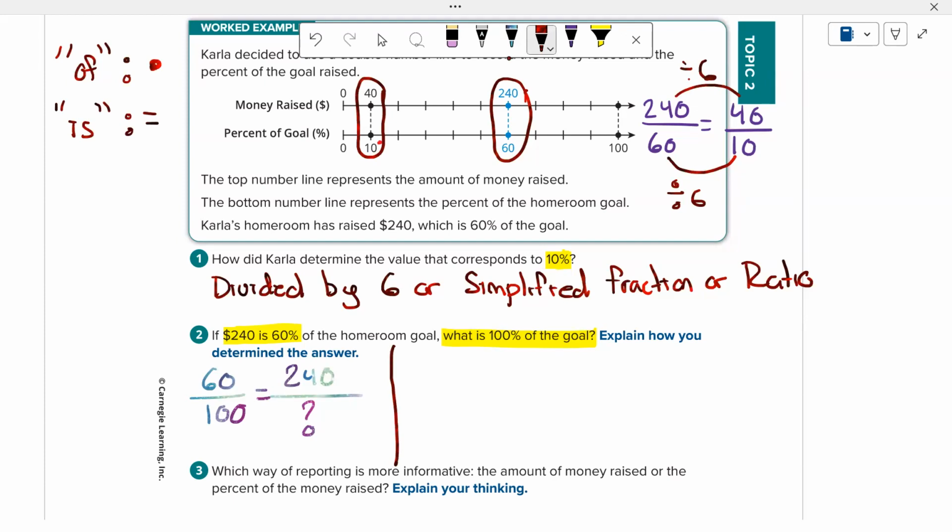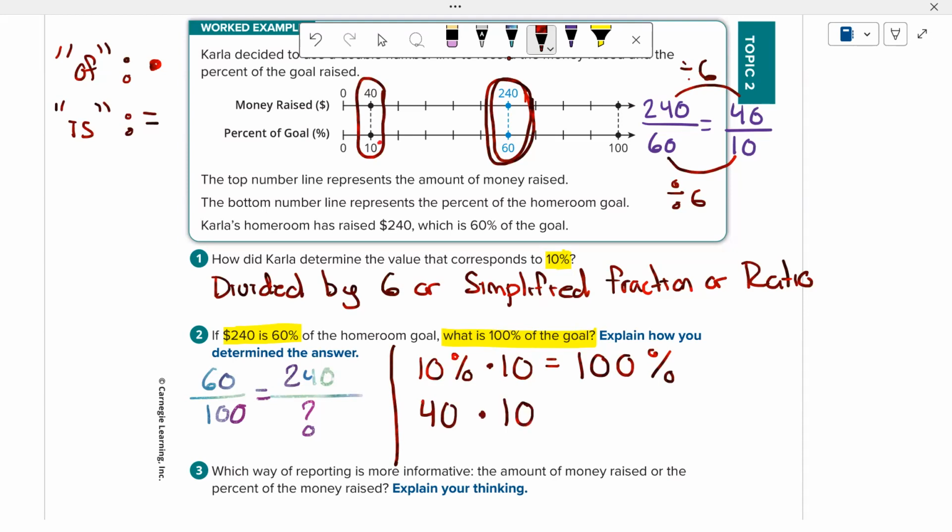So for what we noticed here, 240 is 60%. If we simplified it, we had 10% is 40. Well, 10% times 10 is equal to 100%. What do we know about 10%? 10% is equivalent to $40.